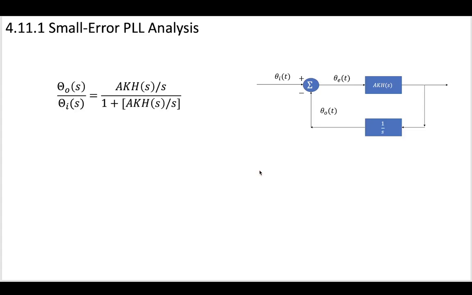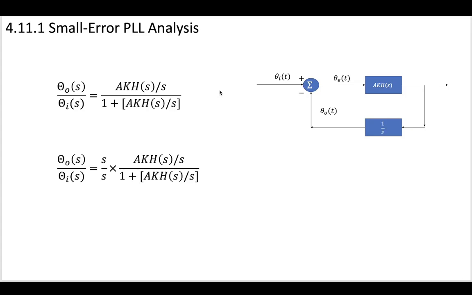So if we were to look at the output over the input in the S domain, we can then arrive at this. And this is basically a straightforward feedback analysis. If you go and look in a control systems textbook, you'll see this. I'm not going to cover it in more detail, but this is just how this works.